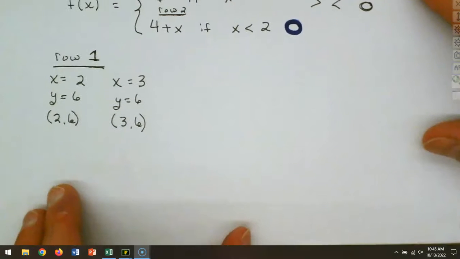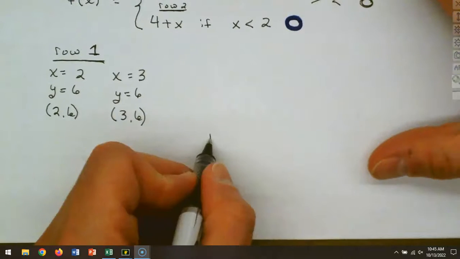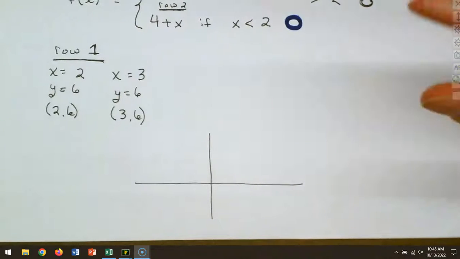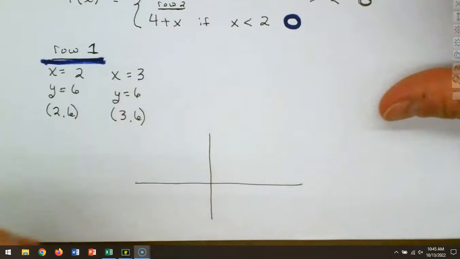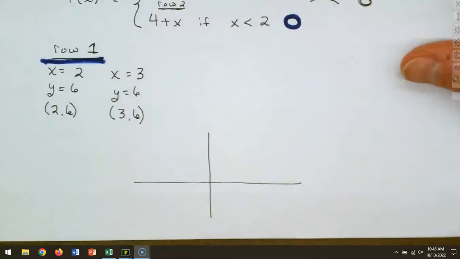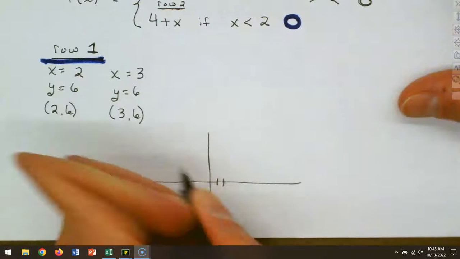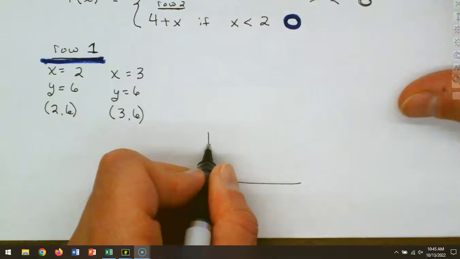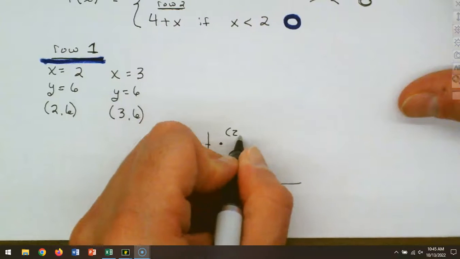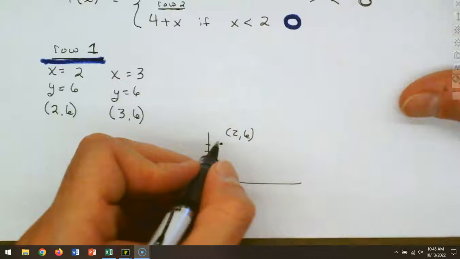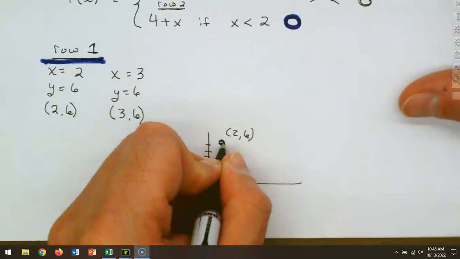And we're going to graph that. So this is going to be row 1, and I'm going to do this one in blue. So let's see where we start. Okay, we're going to start at (2, 6). There's that point. It has to get a closed circle, doesn't it?